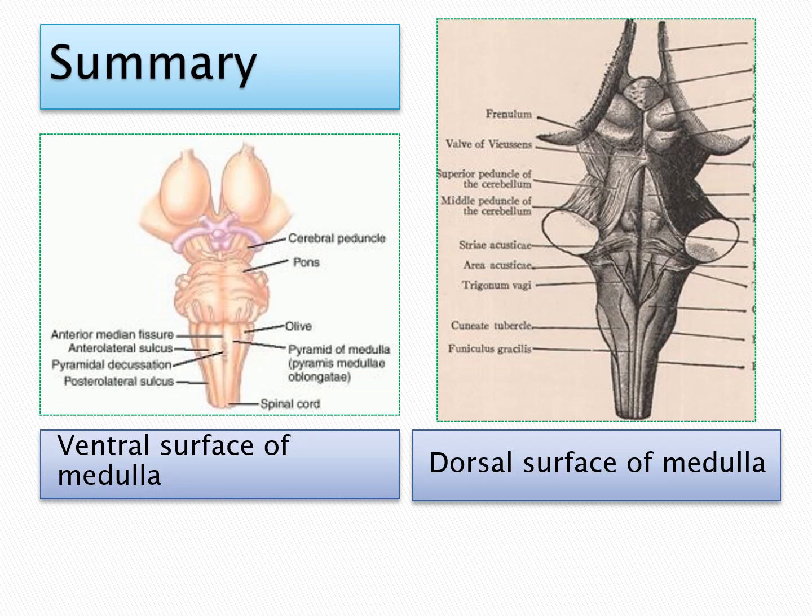So in this video we have covered in detail the medulla oblongata, external features and internal structure. You have to go through the ventral surface and the dorsal surface. I hope you have understood this topic clearly.